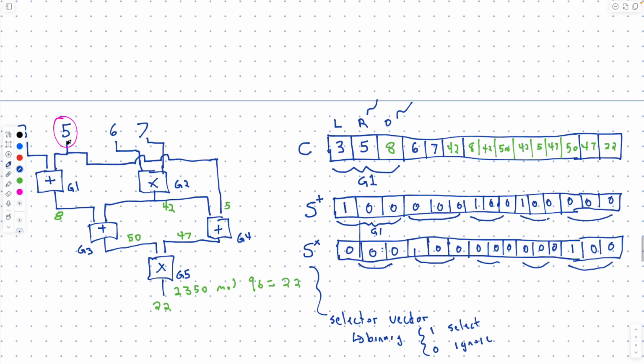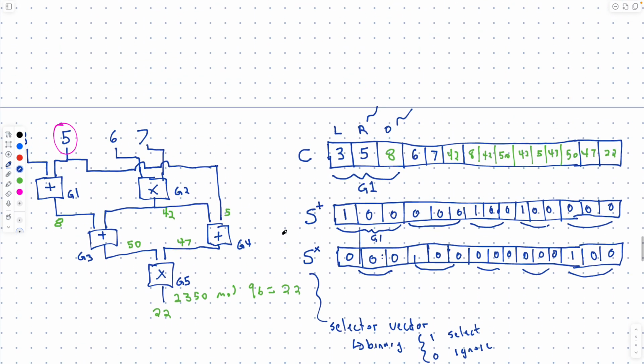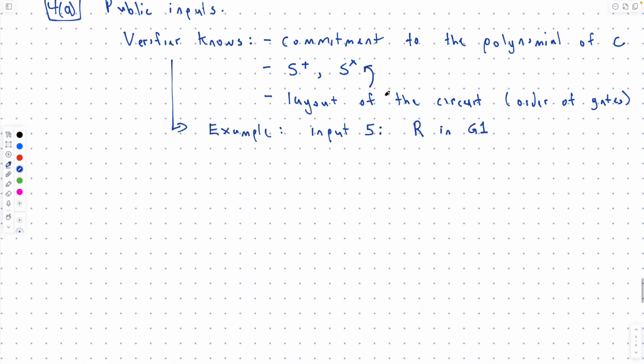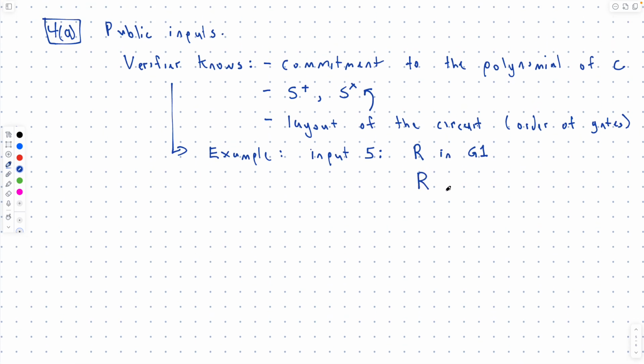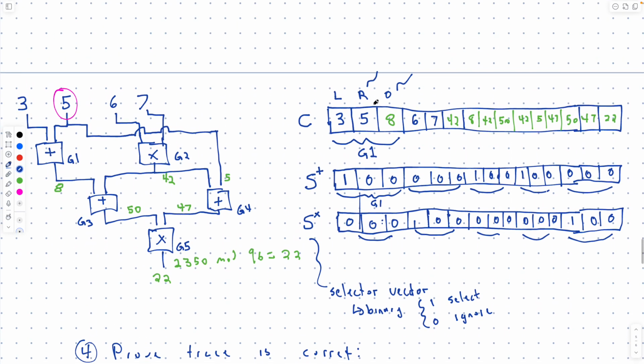And we also know that it's the right input to G4. Right? So the right input in G1 better be a 5, and the right input in G4 better be a 5. Okay? Can I find where that is in the array?